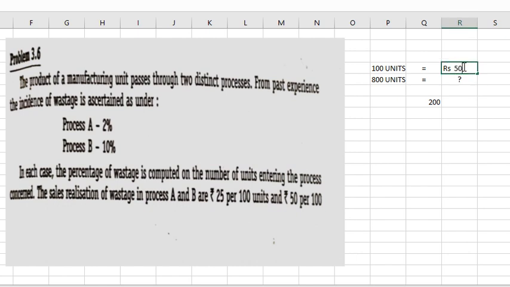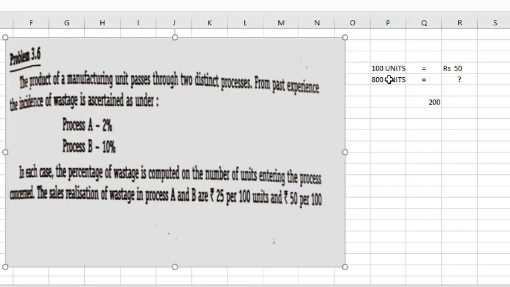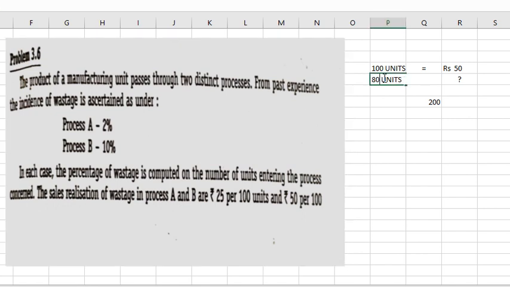Now we have 10% on the number of units introduced. The number of units introduced for process B, according to the process account we are preparing, was 40,000. So 40,000 into 10% gives you 4,000 units. Now we will cross multiply.